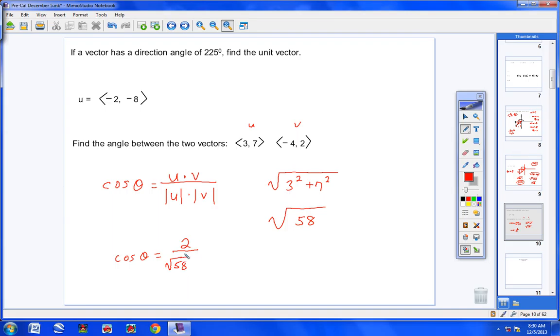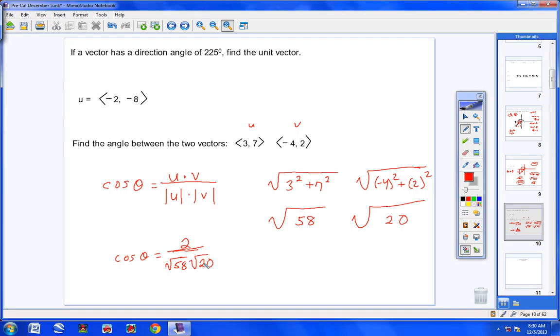So square root of 58, and then the magnitude of v would be, well, we square the -4, we square the 2, and we add them together and take the square root. Obviously, 4 times 4 is 16, 2 times 2 is 4, square root of 20. So I'm going to come down here and write the square root of 20.